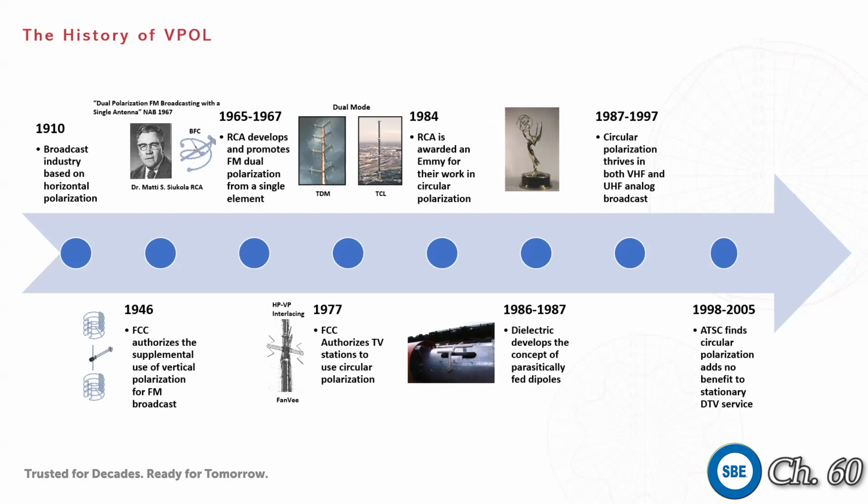And so by 1946, we see the FCC authorizes the supplemental use of vertical polarization for FM broadcasts. Now, a few years later, the unit head of development at RCA, Dr. Matti Sukla, starts developing a single element dual polarized antenna.